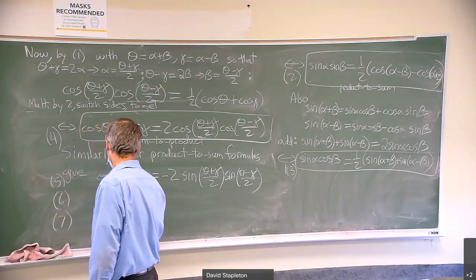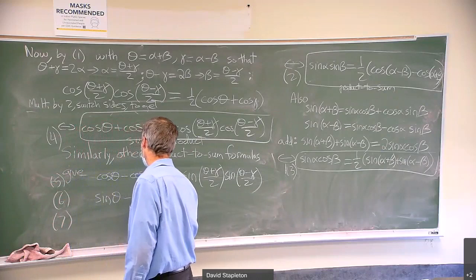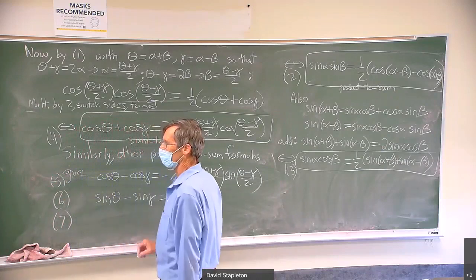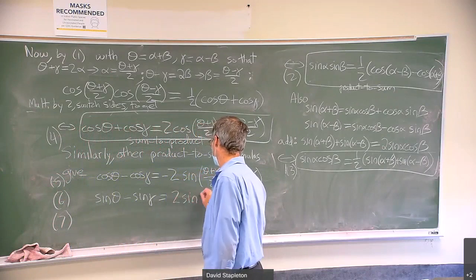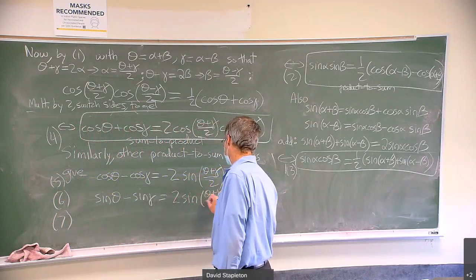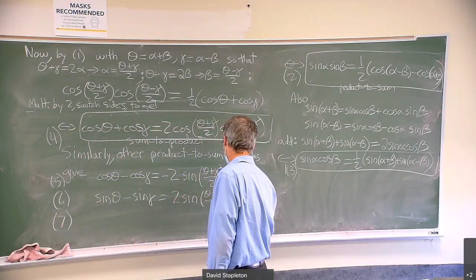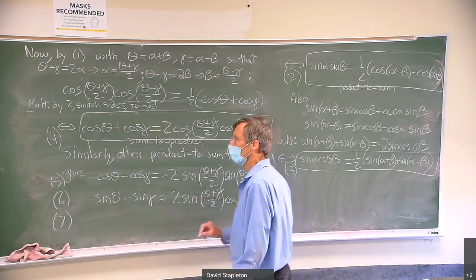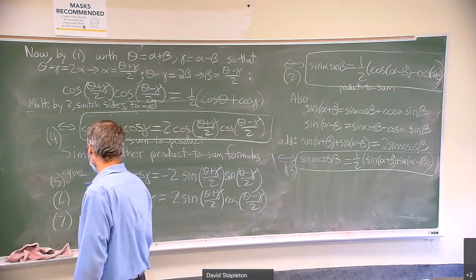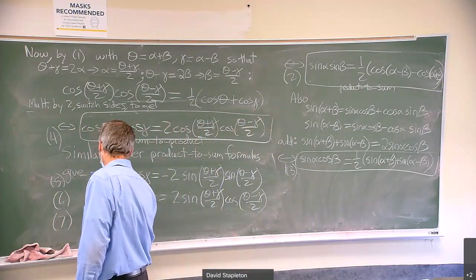7 here. Sine theta plus sine gamma looks like 2 sine theta plus gamma over 2 cosine theta minus gamma over 2. And the difference of two sines, sine theta minus sine gamma.